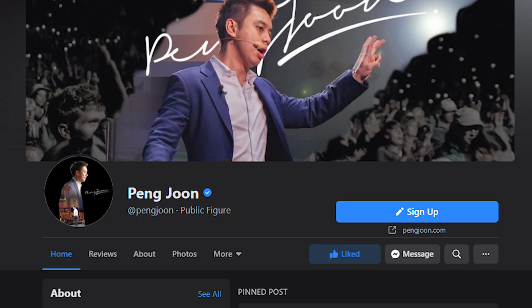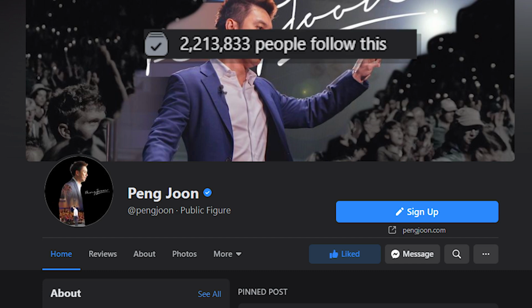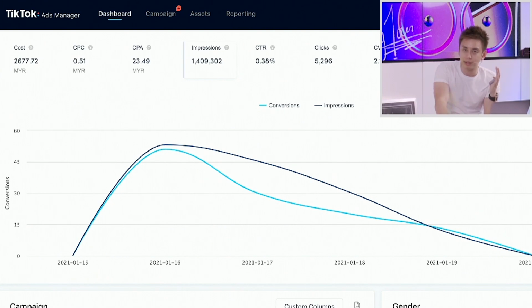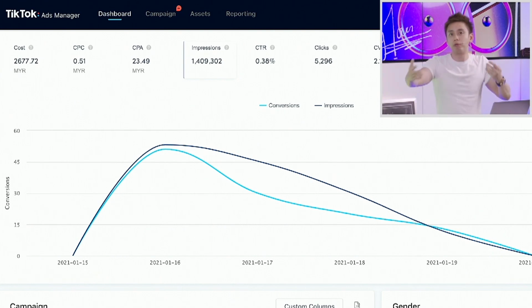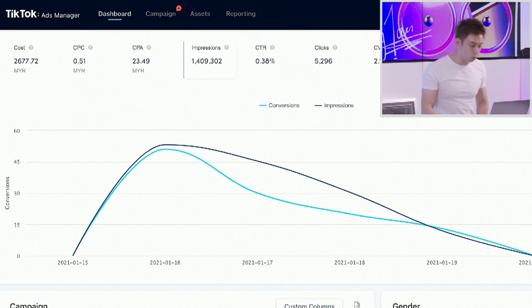So in one way, shape, or form, you're still building up your following on that Facebook page. Now, even though organic is dead, I get it, but at least there's a spillover effect. Whereas on TikTok, when you're running this ad, if somebody clicks on a profile, they don't actually go to your profile, so it doesn't help with your organic growth at all. Okay, so that's another disadvantage of TikTok ads.